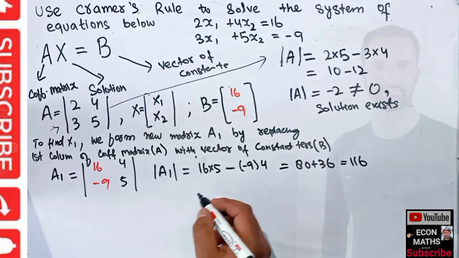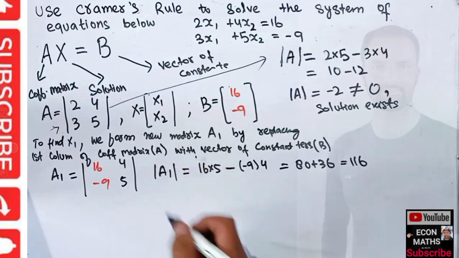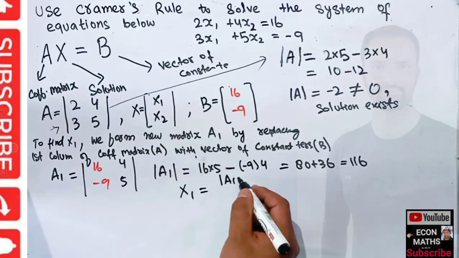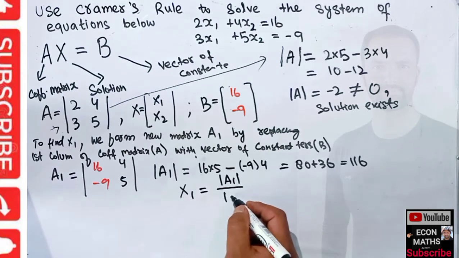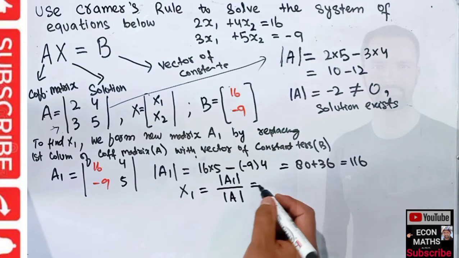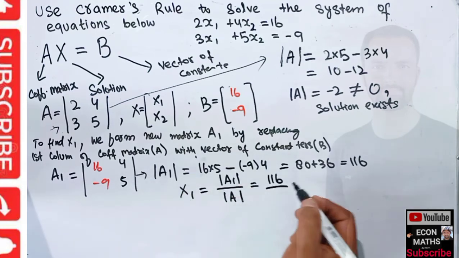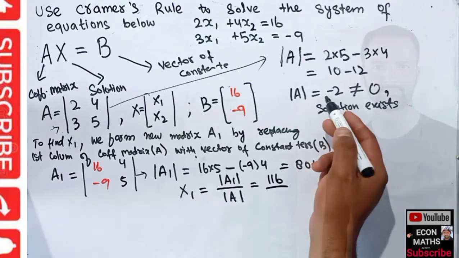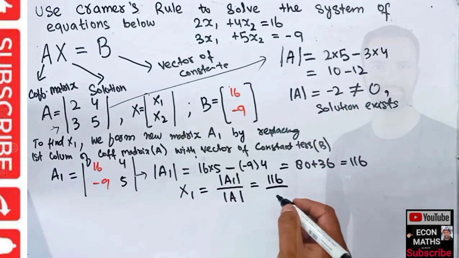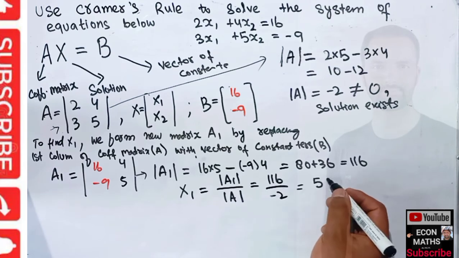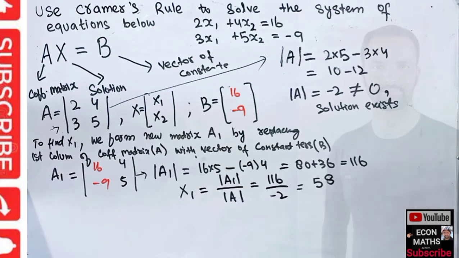Then what would be the value of x1? x1 is equal to the determinant of the new matrix divided by the determinant of the coefficient matrix. That is 116 divided by minus 2, which comes out to be minus 58. This is how we find x1.